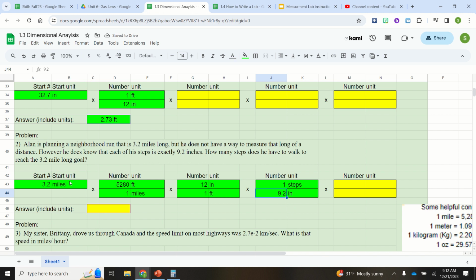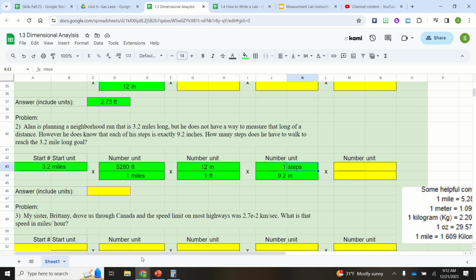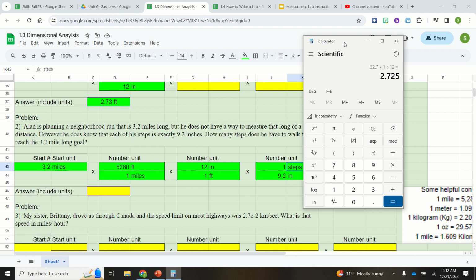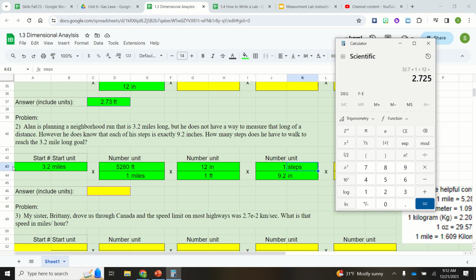All right, and step 5, do we need to solve or do we have to repeat? All right, we are finally in steps, so we can solve. So we're just going to put this all in the calculator at the same time. We're going to start with our start number times top divided by the bottom, times top divided by the bottom, times top divided by the bottom.